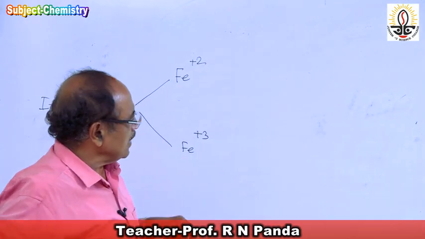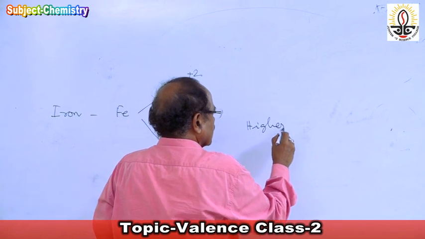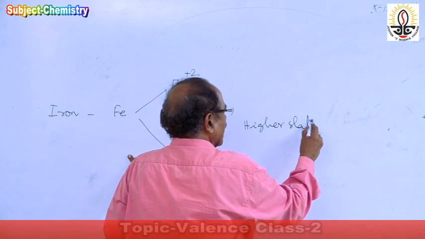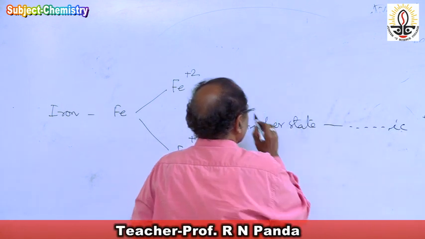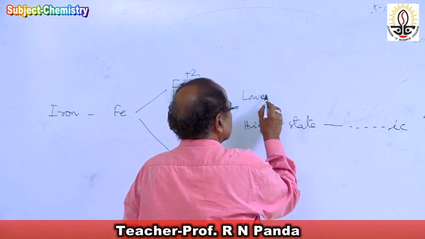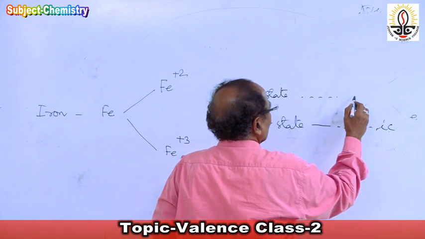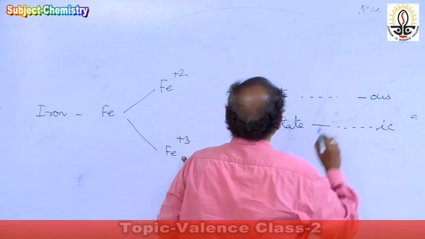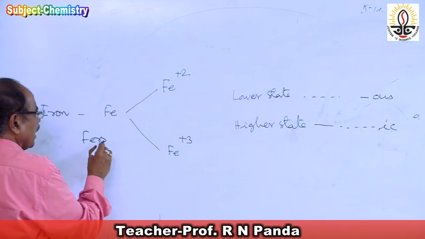So when you have higher state, its name ends in IC. When in lower state, the name will end in OUS. So it is iron, it is ferrum, F-E-R-R-U-M.